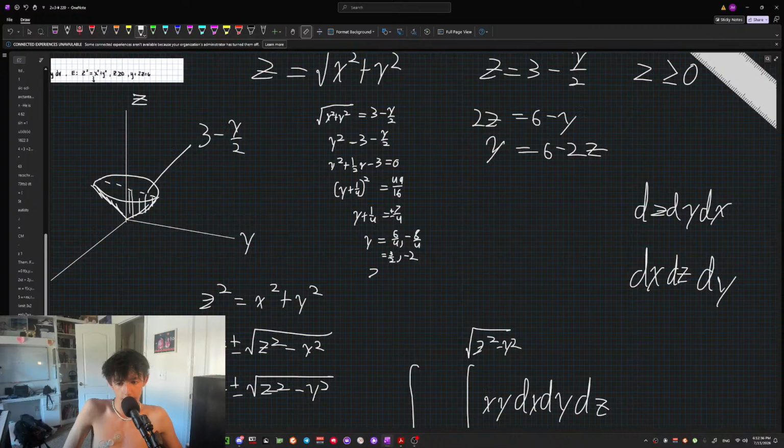So z equals 9/4. And then minus 2, that's just 4.